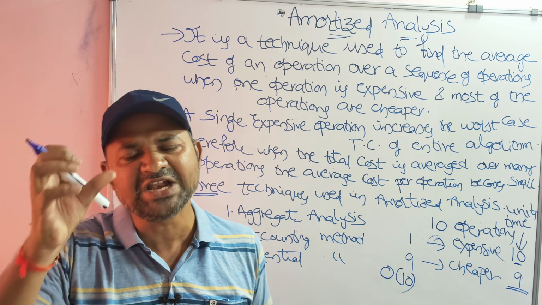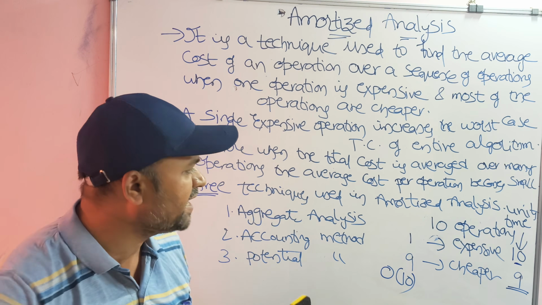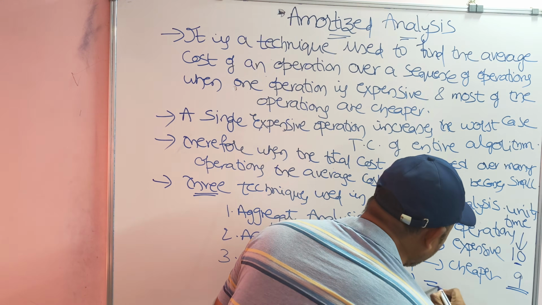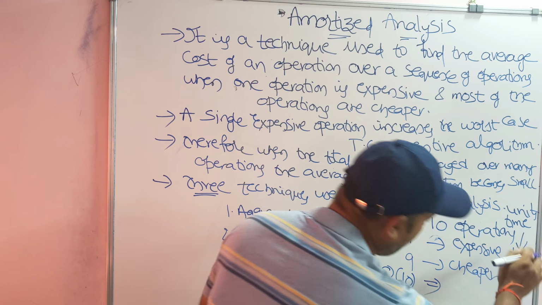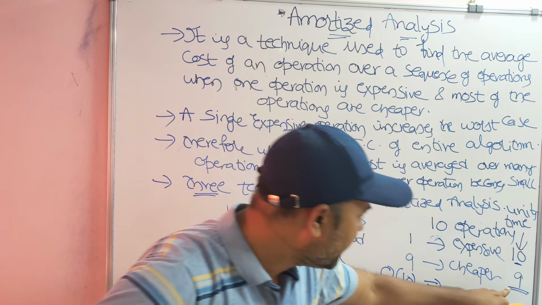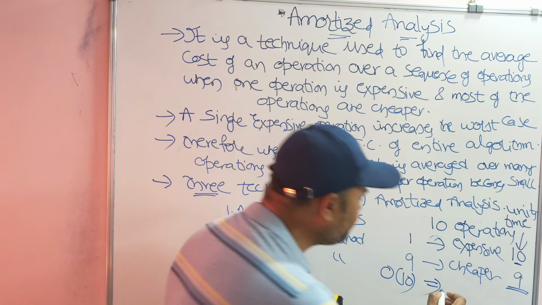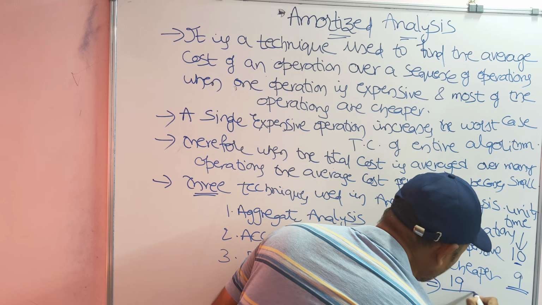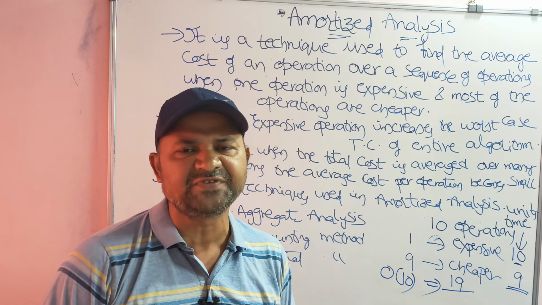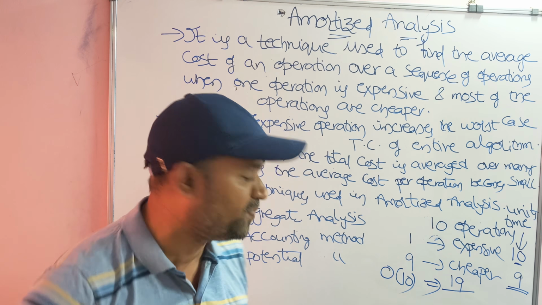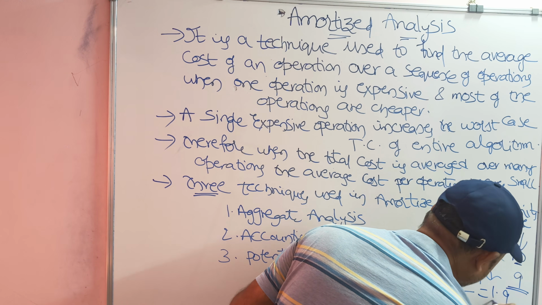Whereas if we calculate the average cost of the corresponding algorithm, then the time complexity is like this. For performing the expensive operation, 10, whereas for performing the 9 operations, 9. So 10 plus 9 means 19. Total operations, how many operations do we have? We have 10 operations. So 19 by 10 is equal to 1.9.